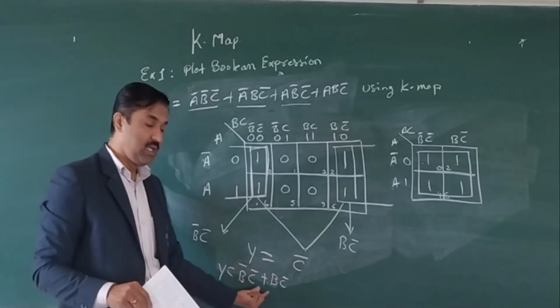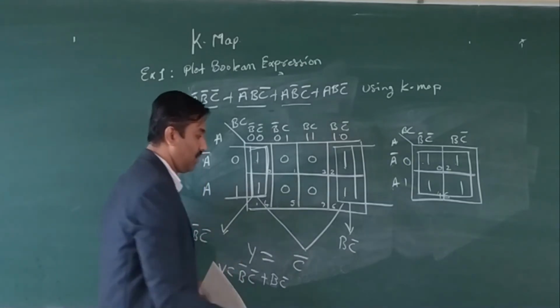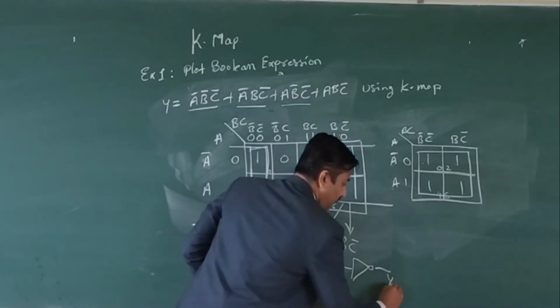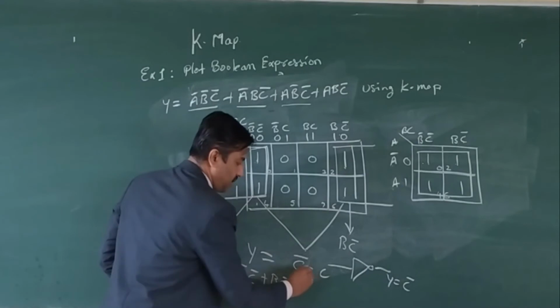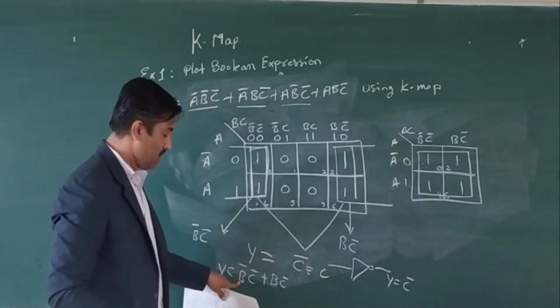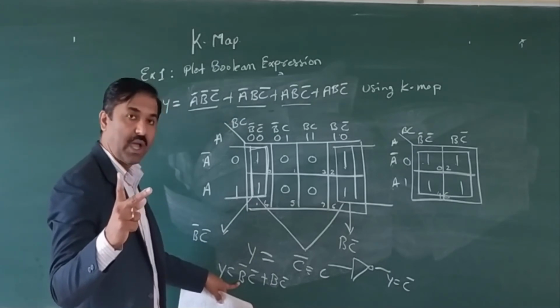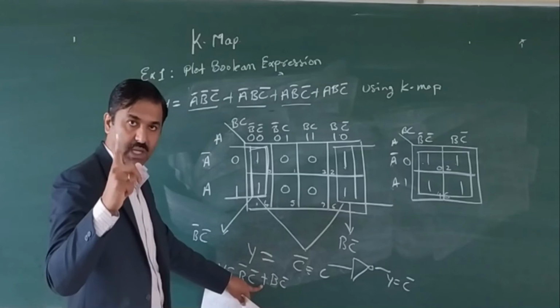Why? Here you require only one gate, that is your NOT gate. So here y is equal to C bar, where C is a variable for this expression. But for this, what is happening? We require two AND gates, one OR gate and a NOT gate.